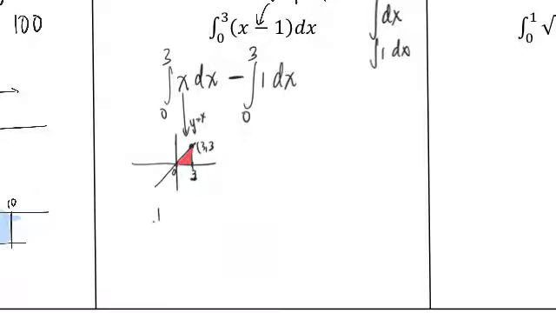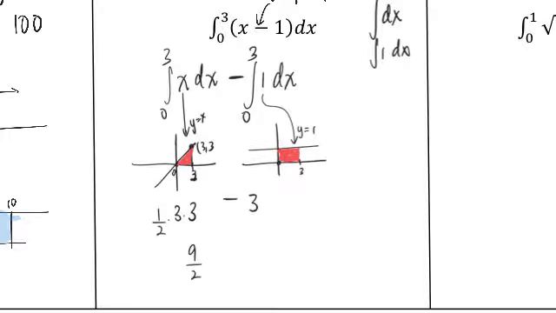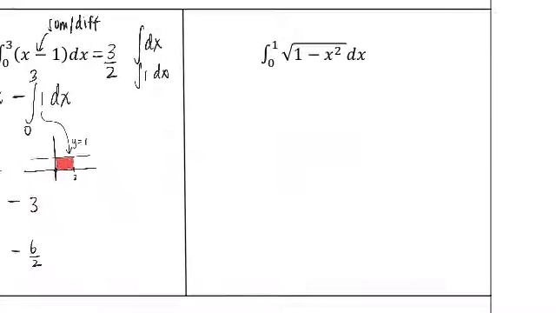That's going to be 1/2 of 3 times 3, minus this piece, which is a flat line at y equals 1, and I'm calculating area from 0 to 3. Here, this is a box, and the box is 3 wide and 1 high, so minus 3. So 9/2 minus 3, which is 6/2, gives me an answer of 3/2. So this integral, remember an integral is always a number, and that one is 3/2.